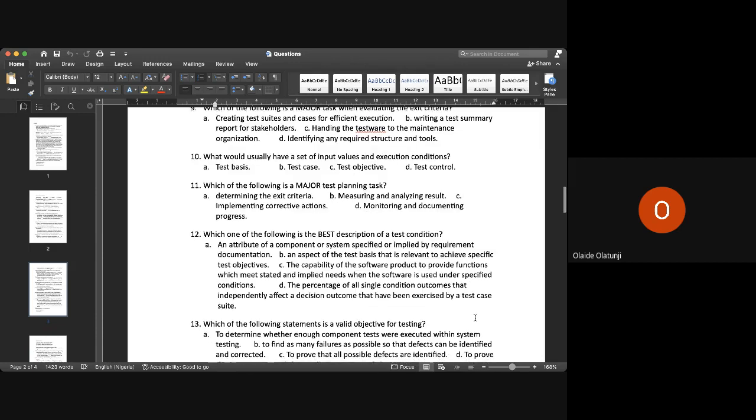So which one of the following is the best description of a test condition? What is it? Yeah. C. The ability of software product to provide functions which meet stated and implied needs when the software is used under specified conditions. Test condition.